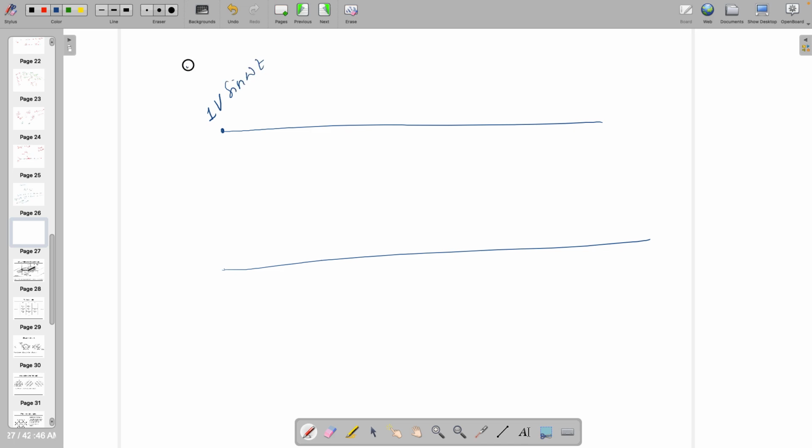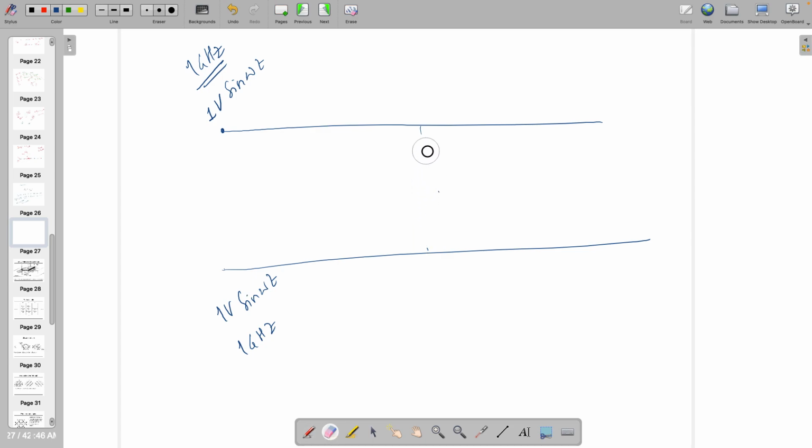And let's say it's in gigahertz, high frequency. This is also 1 volt sine omega t, same signal, 1 gigahertz. Then these two wires are not going to talk to each other, meaning there is no capacitor. Whenever I'm drawing this one, it's a parasitic capacitance.